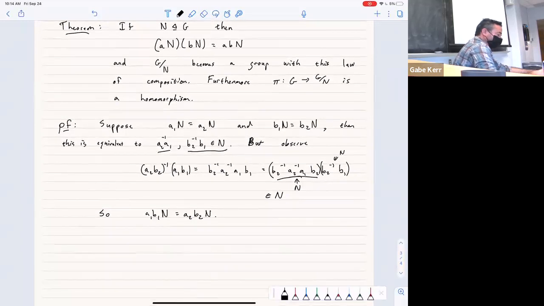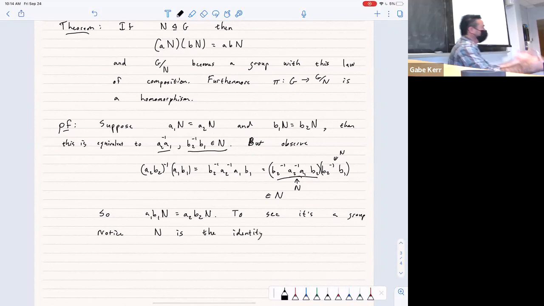Observe, to see it's a group, just notice that N is the identity, because it has the representative 1. So you just put in 1 for b here, you'll get aN times N. It's aN. That's an identity.